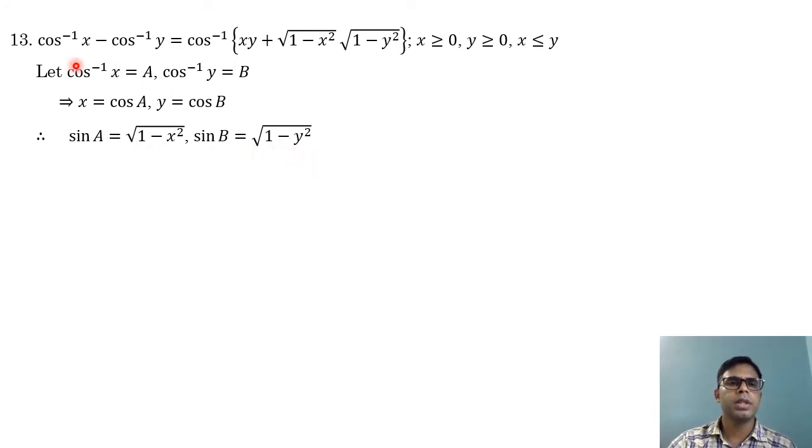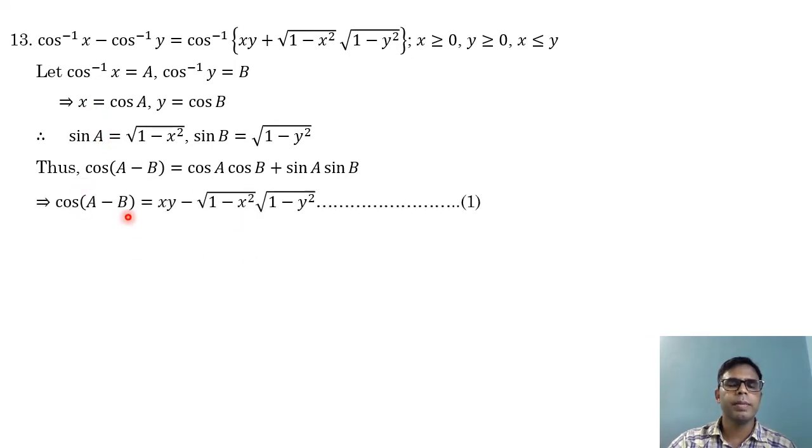And now this side is a minus b, and the cos of a minus b formula we know: cos of a minus b is equal to cos a cos b minus sin a sin b. So use these values here. This is sin a sin b and this is cos a cos b. So cos of a minus b is equal to xy minus this value, which is coming from here, and this value, coming from here.